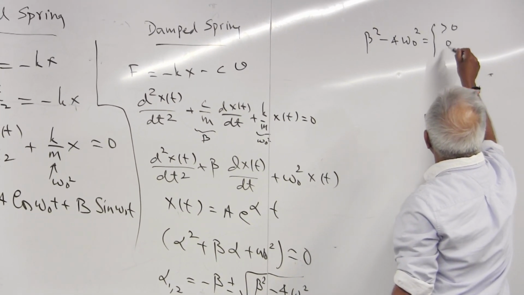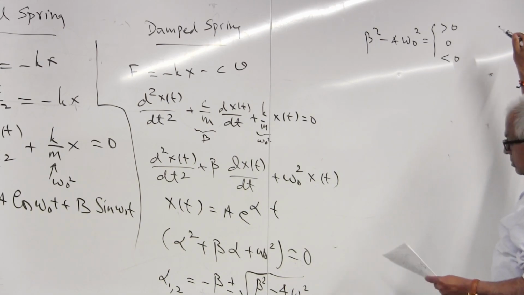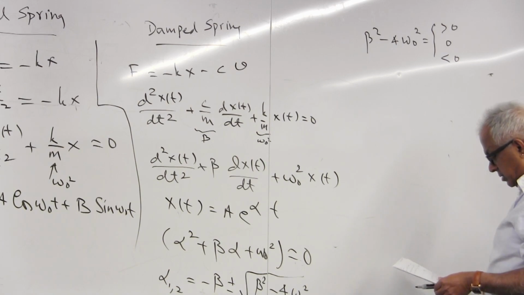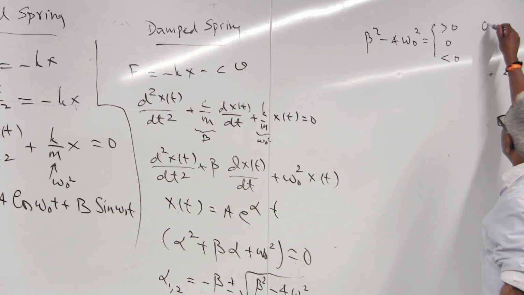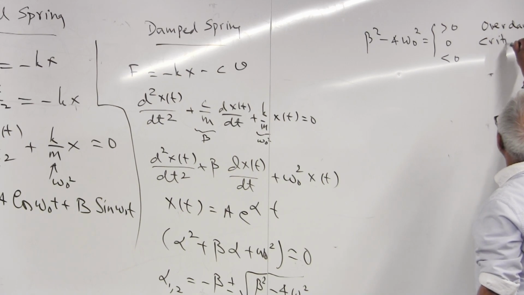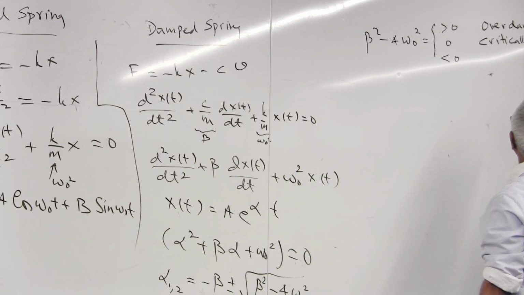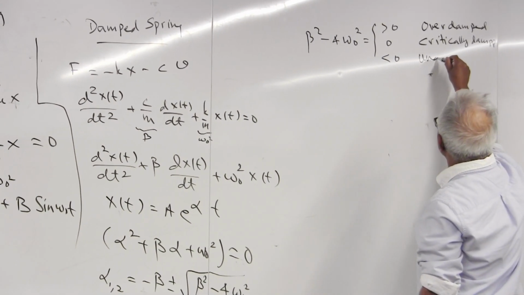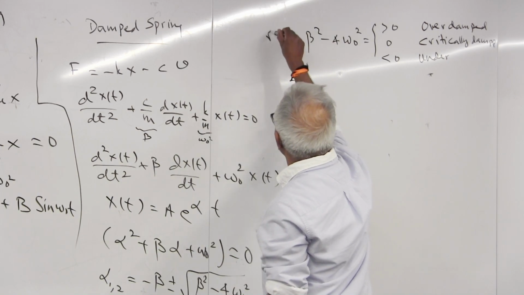This will be the overdamped case, this is critically damped, and this is underdamped. Let's call this quantity gamma squared.